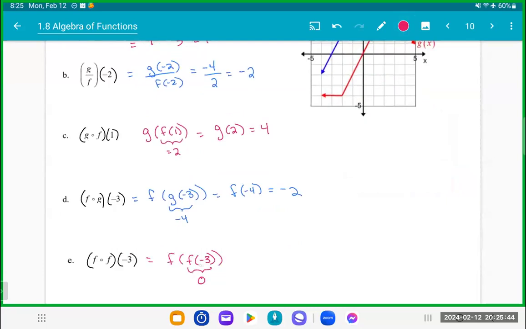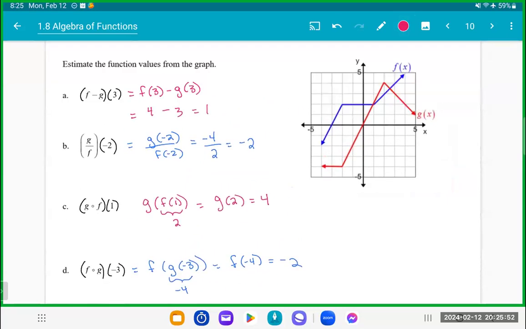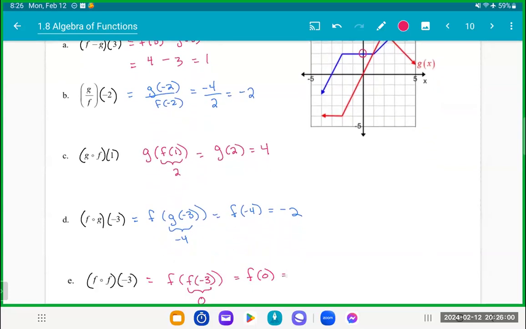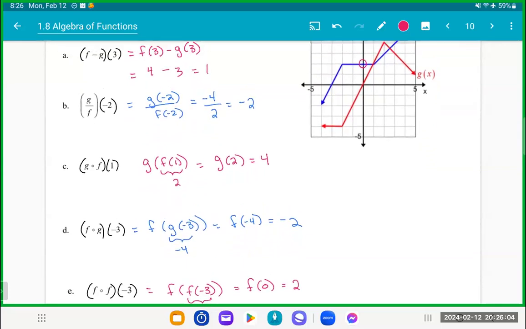Okay, so it equals 0. So that is f of 0. So we come back up here and we look at 0. What is my f value? My f value, or the value of my f function, is equal to 2. Okay? Question.